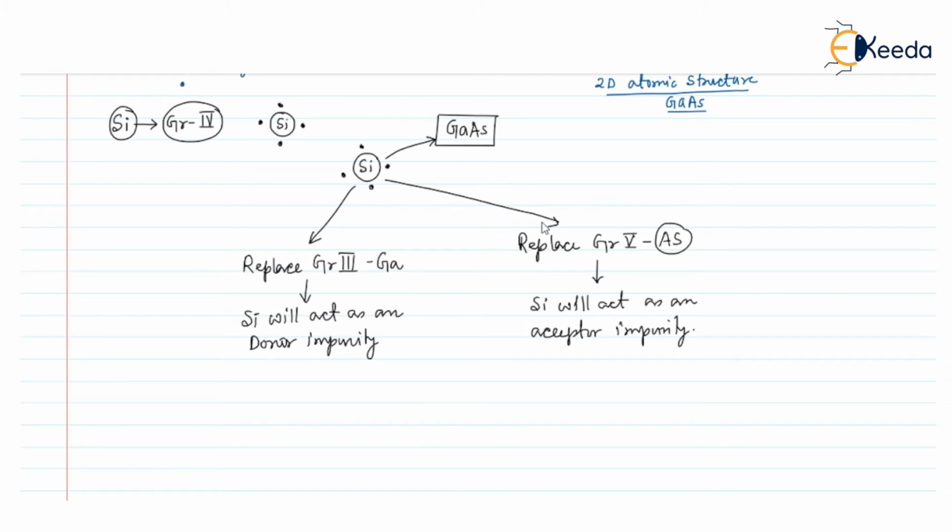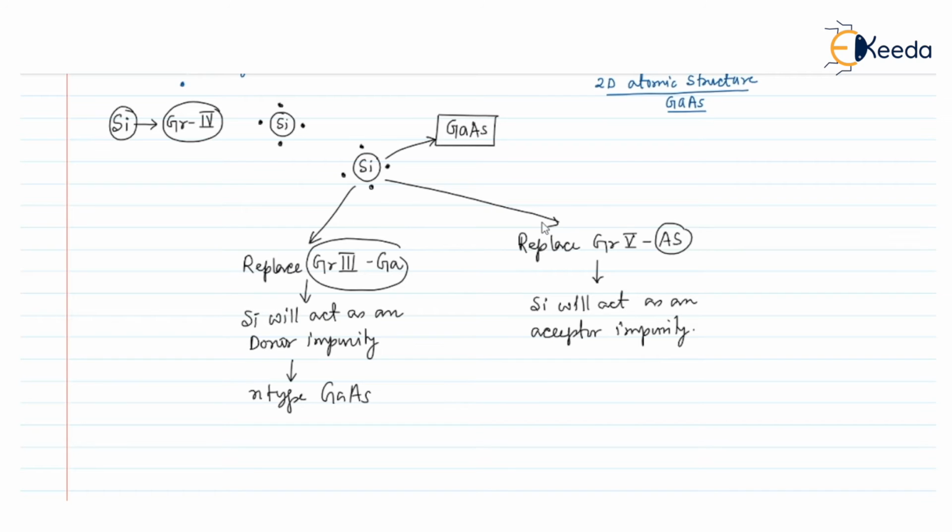So in this way we can also dope gallium arsenide using silicon to make it p-type or n-type. If the gallium arsenide is doped with silicon and silicon replaces the gallium atom, then we will have n-type gallium arsenide.